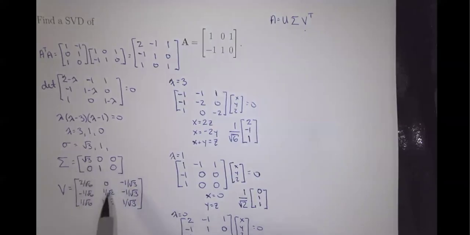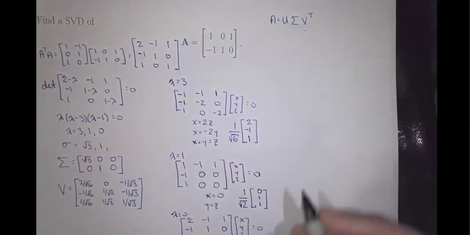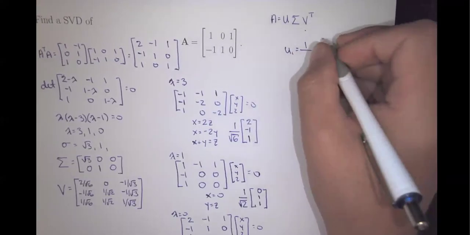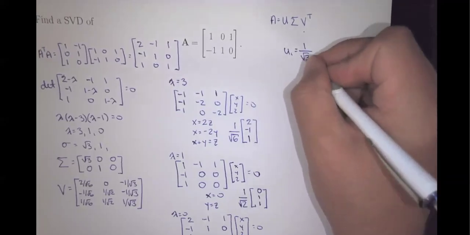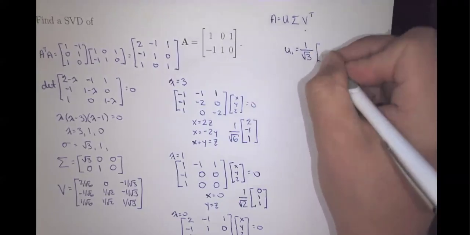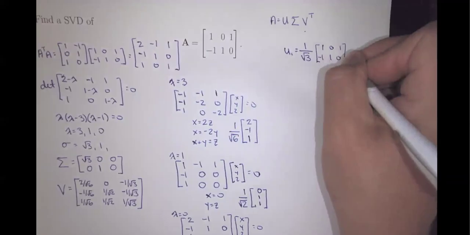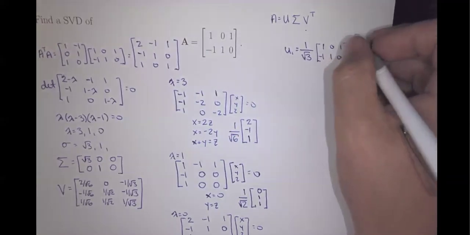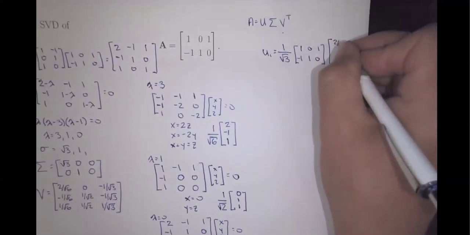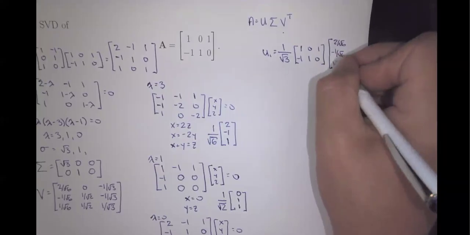So the result is going to be 2 by 3, which means that we need a 2 by 2 for U. So U1 is going to be 1 over sigma 1, so 1 over root 3, times matrix A, [1, 0, 1; -1, 1, 0], times our first vector V, which is 2 over root 6, negative 1 over root 6, 1 over root 6.